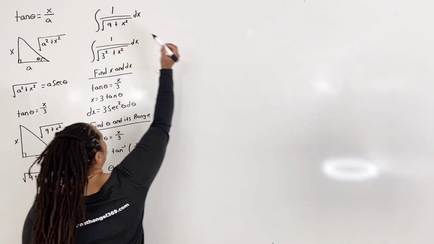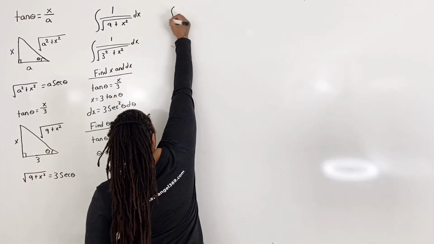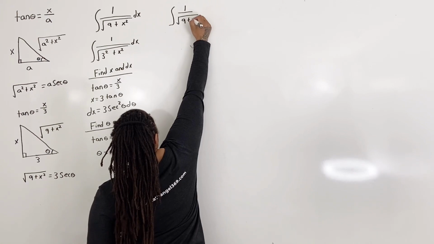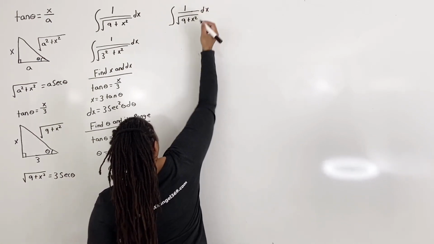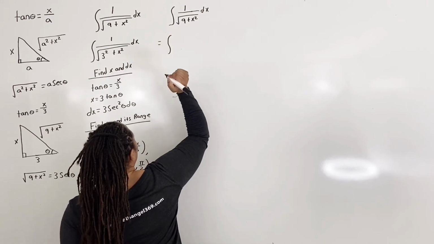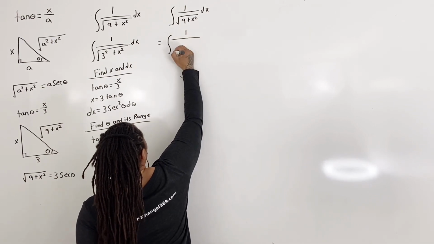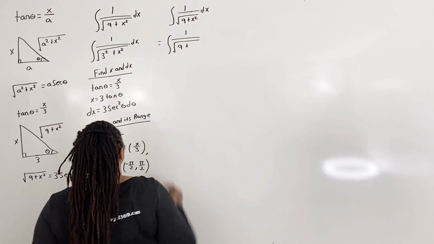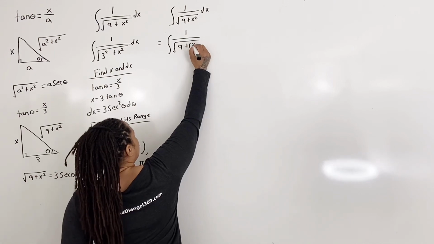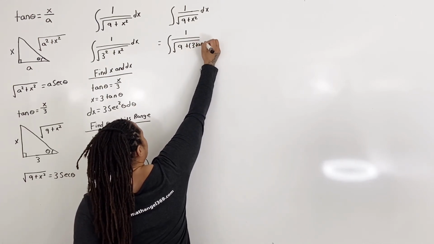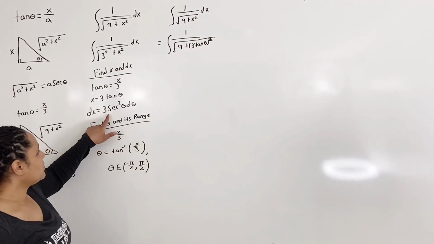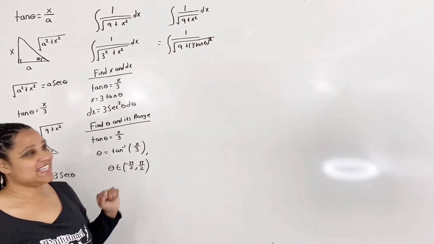So beginning with what we started with, we have the integral of 1 over the square root of 9 plus x squared dx, and that is equal to the integral of 1 over the square root of 9 plus, now I'm going to substitute 3 tan theta for x, so that's going to be 3 tan theta squared, and I'm also going to substitute 3 secant squared theta d theta for dx.